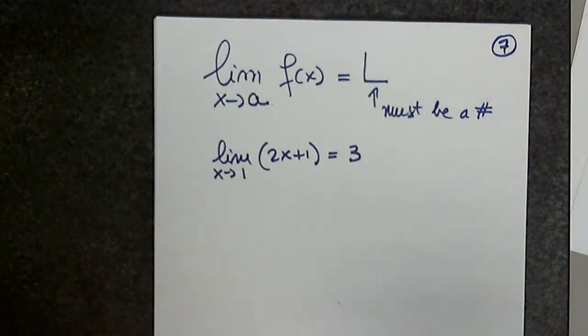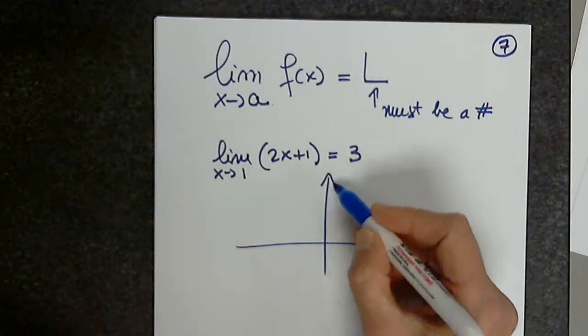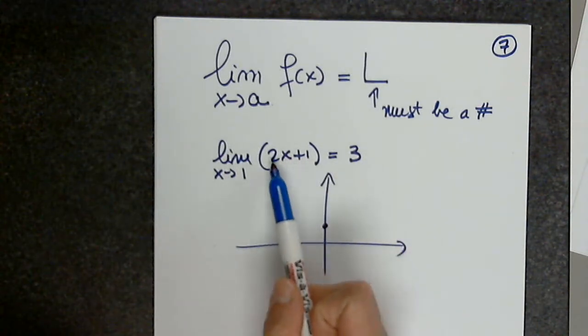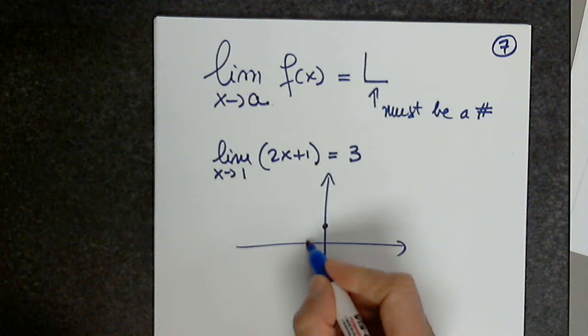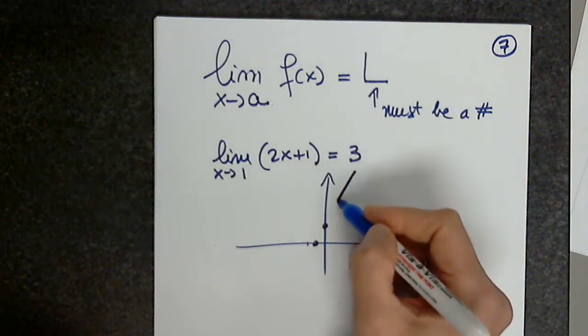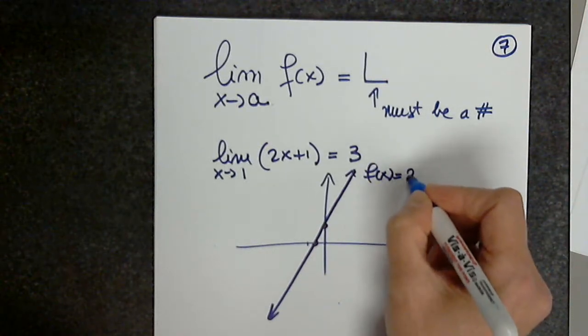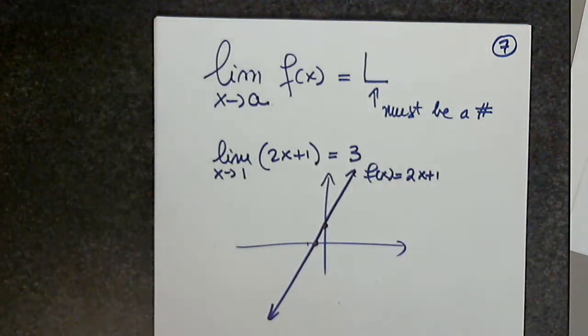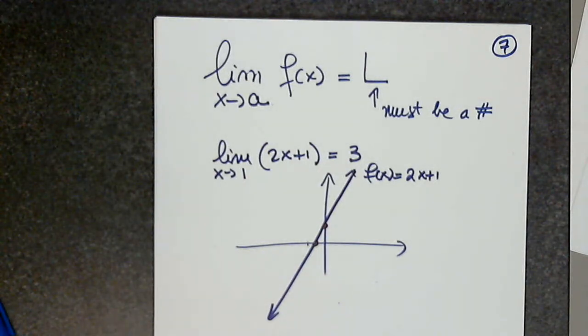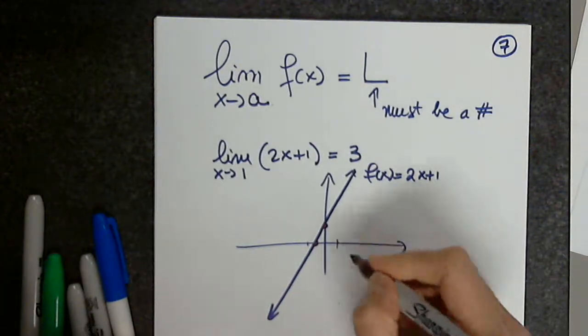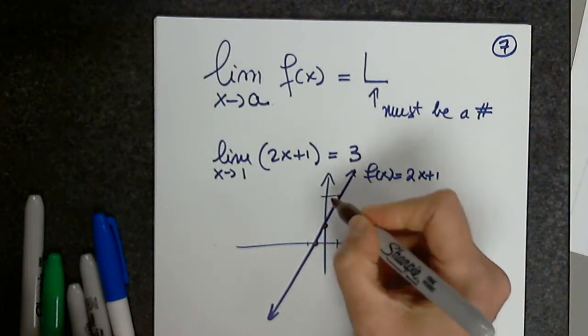So if I graph this function, when x is 0, y is 1. When y is 0, x is negative 1/2. So this is the graph of f of x equals 2x plus 1. So here is 1, and here is 3.